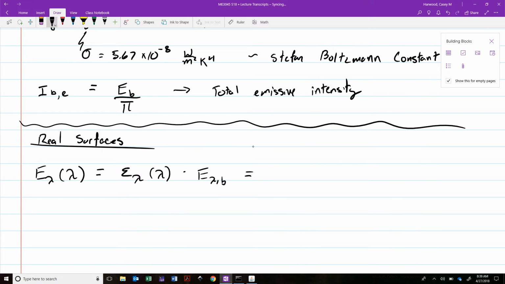And so this essentially becomes the spectral emissivity times your Planck distribution, or those curves that we drew right at the beginning of the lecture.